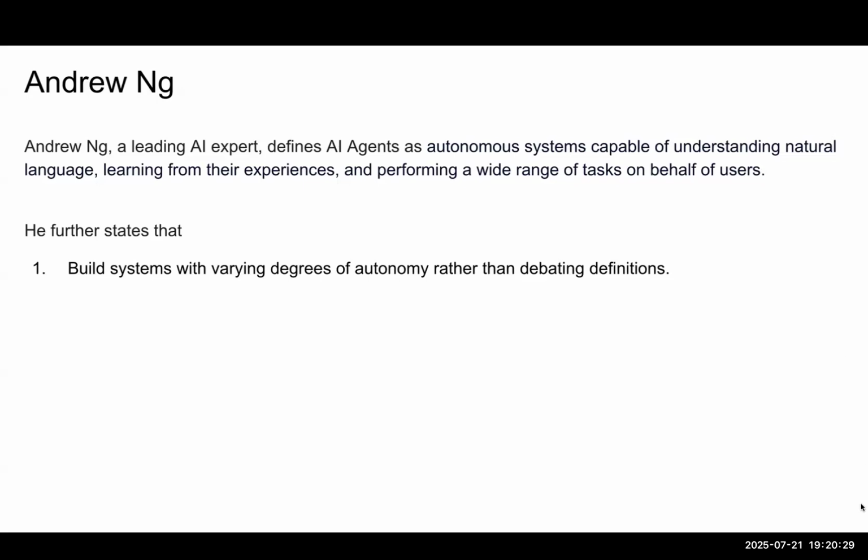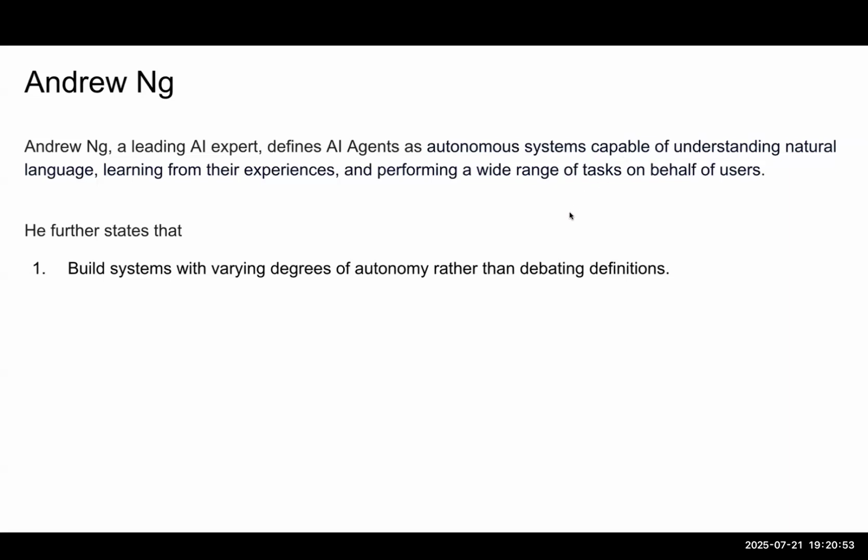Andrew, a leading expert, defines the agent as an autonomous system capable of understanding natural language. Obviously it's going to understand our voice as well as text and sometimes video, learning from its experiences, and performing a wide range of tasks on behalf of users.